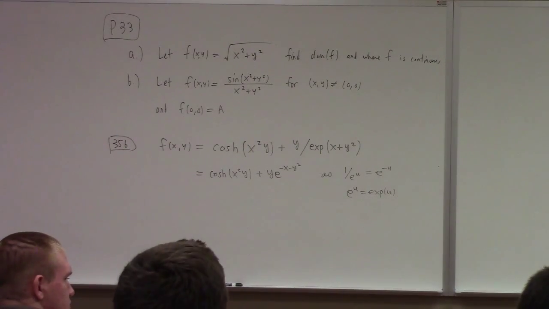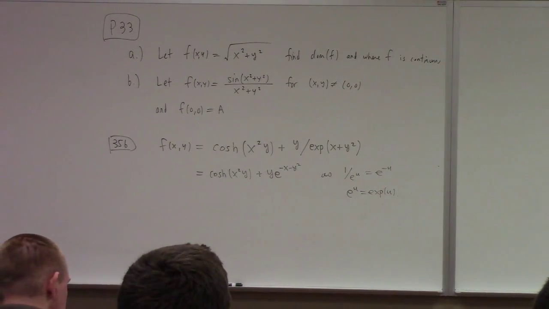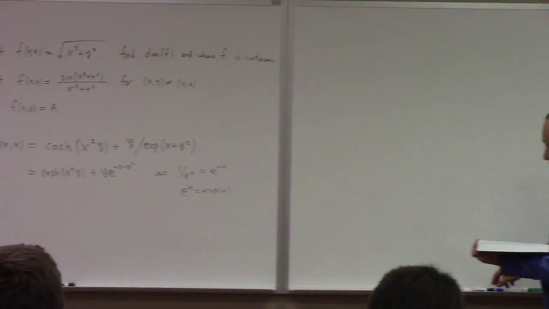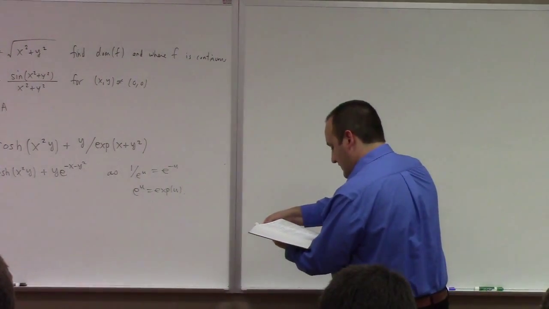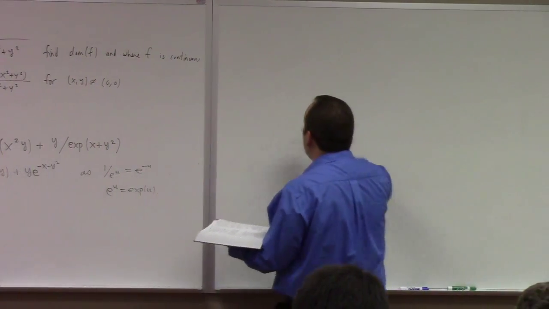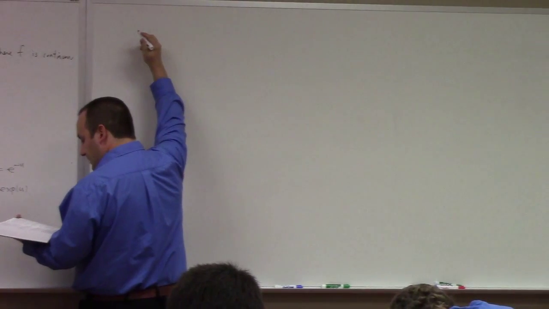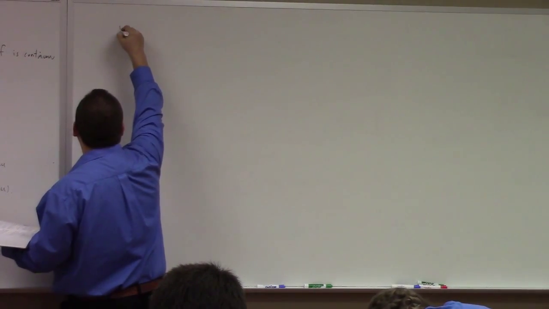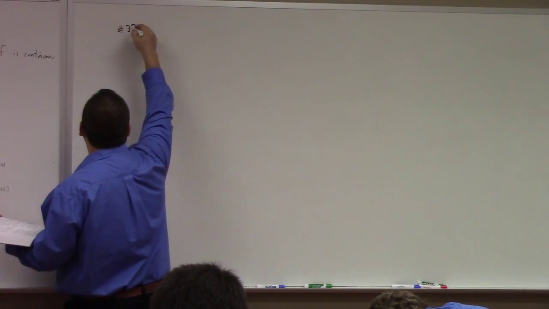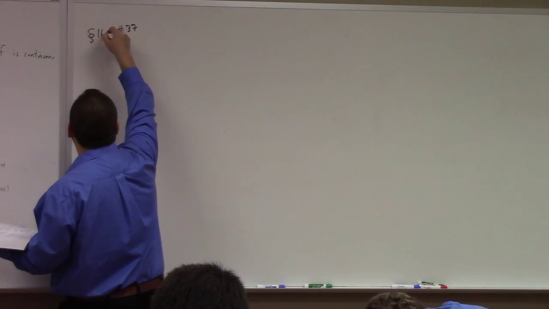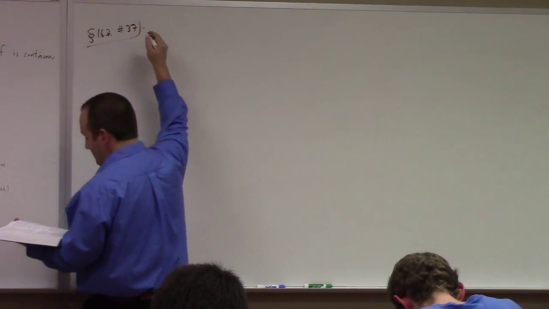The temperature in a neighborhood of the point is given by something. Find the path followed by a heat-seeking particle. This is essentially about finding an integral curve. Let me explain. It's number 37 of section 16.2. Actually a very interesting problem.